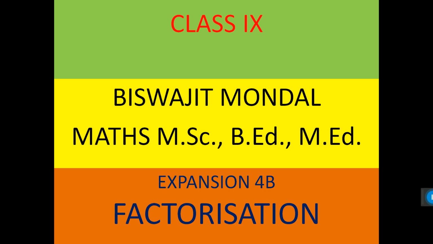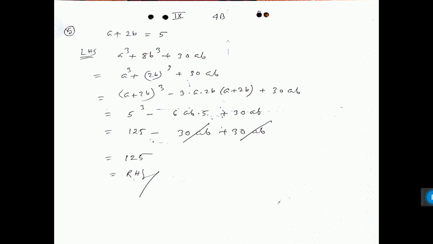Next, let us do this sum. Given a + 2b equal to 5, then we have to show that this is equal to 25.